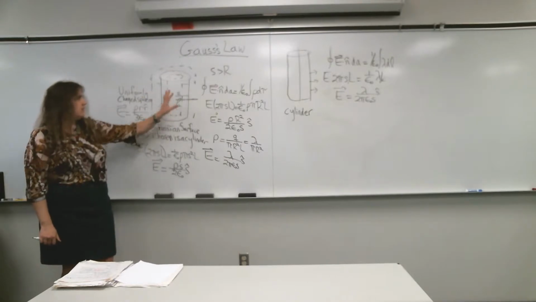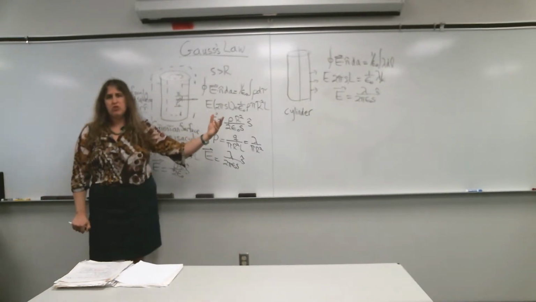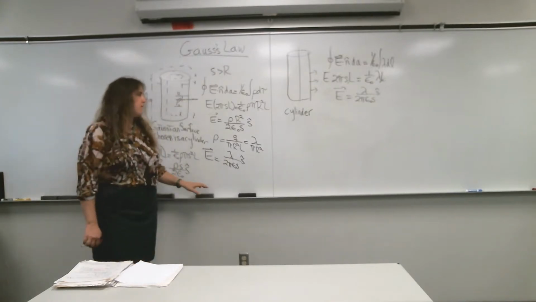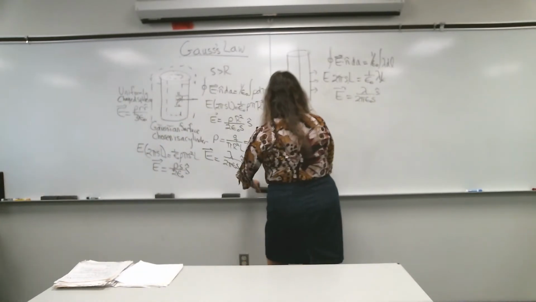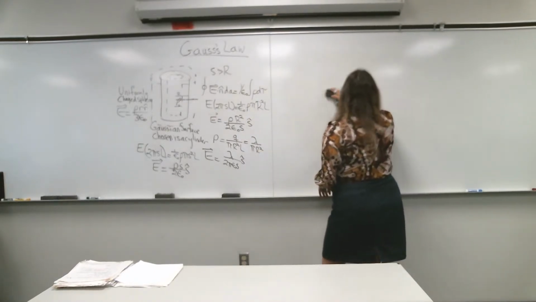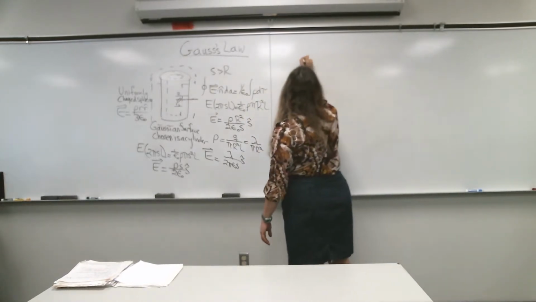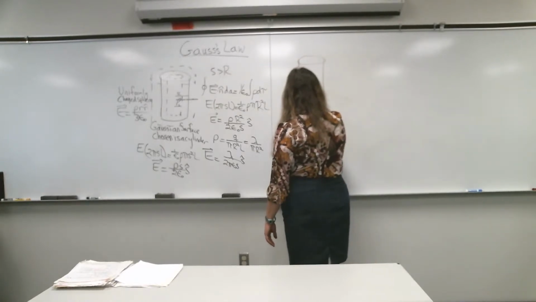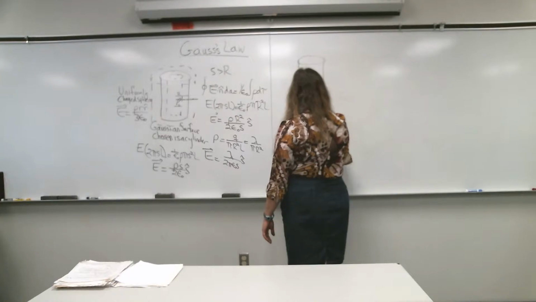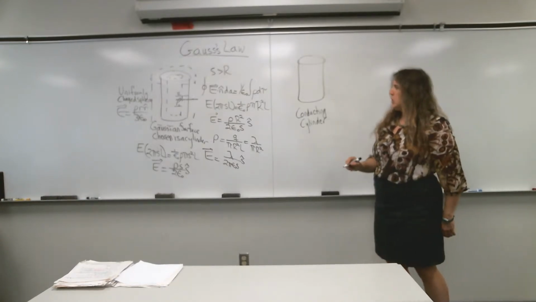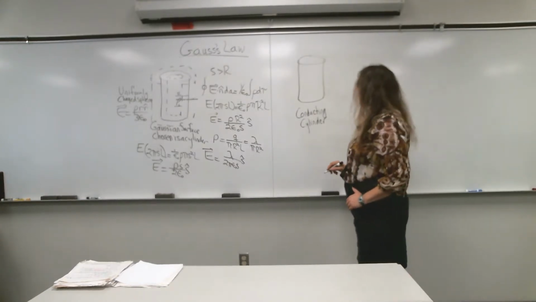If this cylinder had not been uniformly charged, but say been a conductor instead, what would you expect your answer to be? So now I've got a conducting cylinder as opposed to a uniformly charged cylinder on the other side of the board.